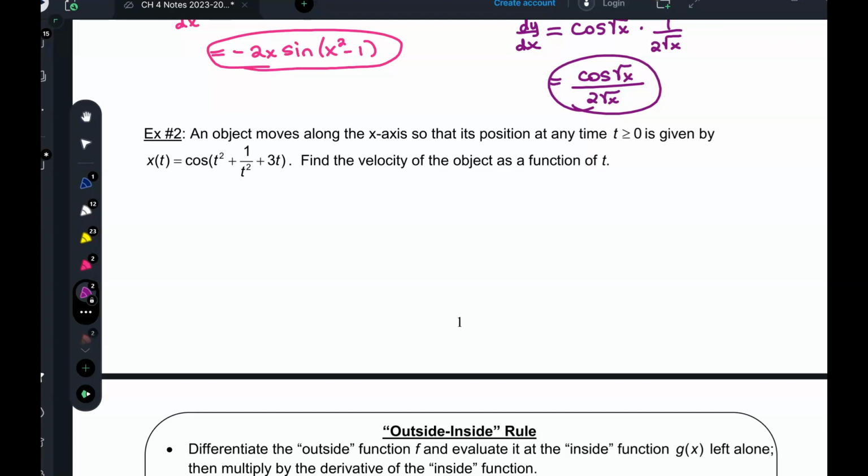I might just not be understanding the notation. When you've got the dy dx, you're not dividing anything, right? So what does that mean? When I say derivative, it's the instantaneous rate of change, right?